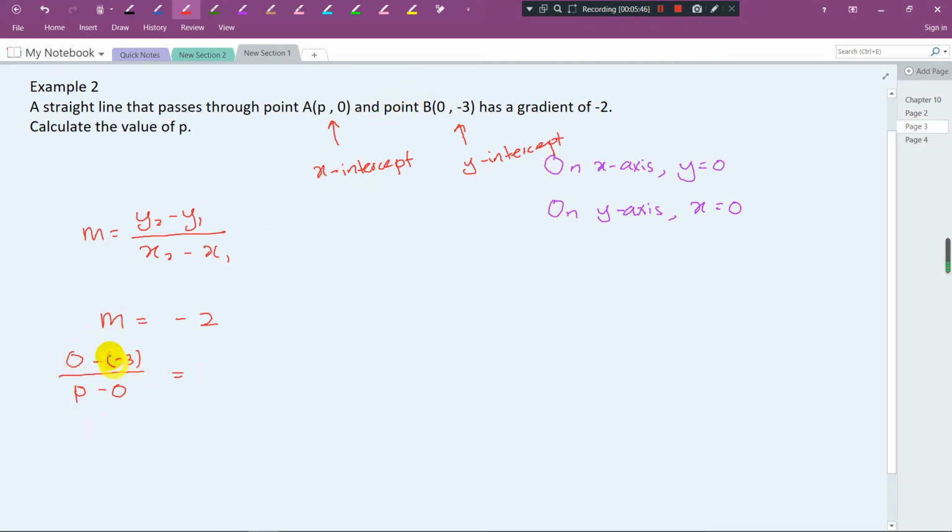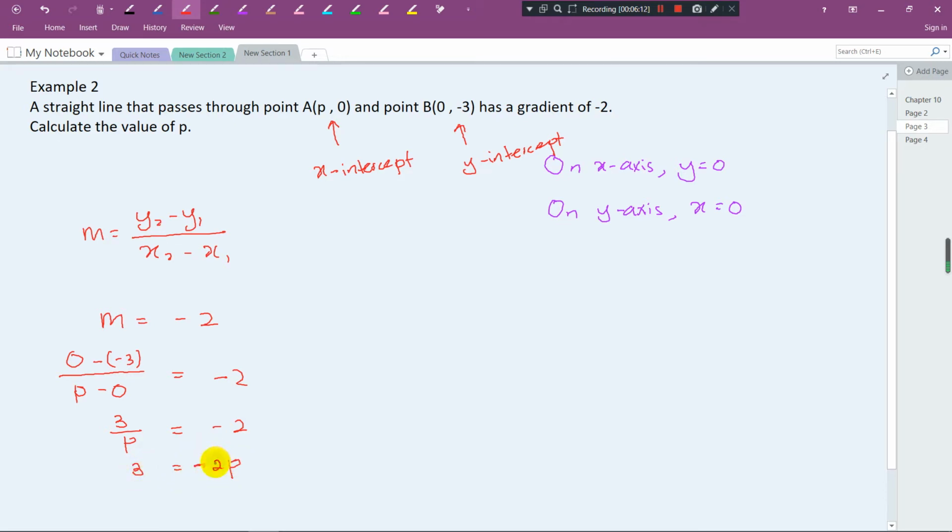This is the way we calculate the gradient. And the question tells us that the gradient is -2, which means this is equal to -2. So now what we need to do is just find the value of p. Negative, negative, we get positive 3, and p minus 0 is still p. And this is -2. The p you move up here, negative 2p.